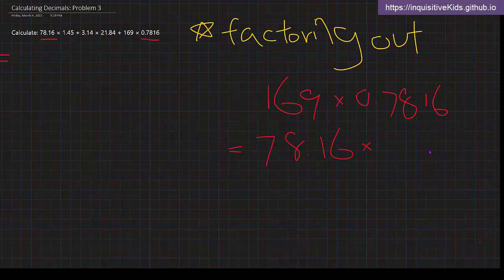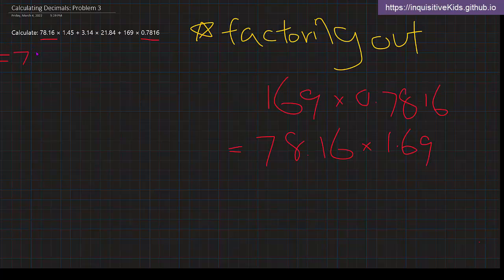But we can't just write 169 right here, because that would change the value of the whole thing. Something also has to be changed to 169. So if we times 100 to this, we also have to divide 100 to this, which means moving the place value 0 two times to the left. So this is 1.69. Now both of these are in 78.16 form.